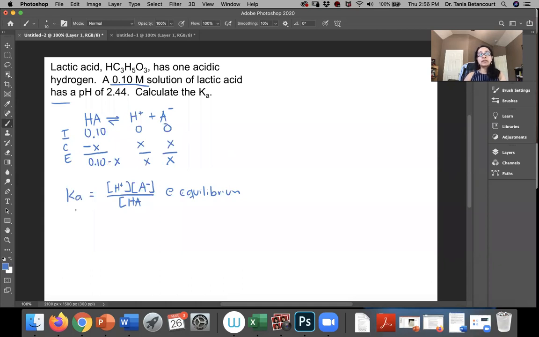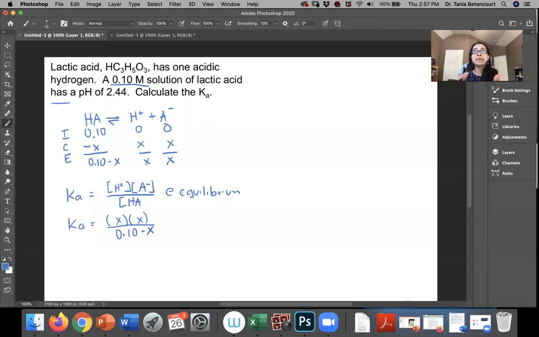So I'm going to substitute the equilibrium line into each of these concentrations. Here for hydrogen ion, I have X. For the anion, I have X. And on the bottom, I have 0.1 minus X.